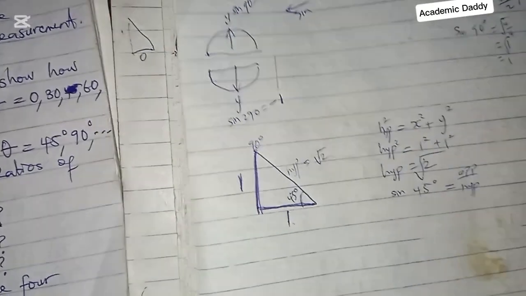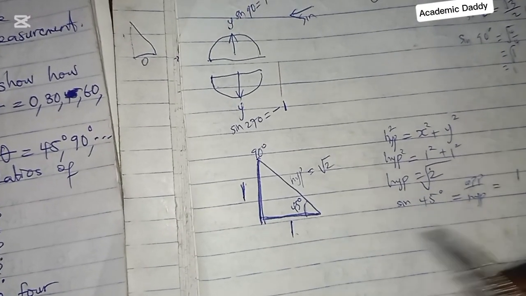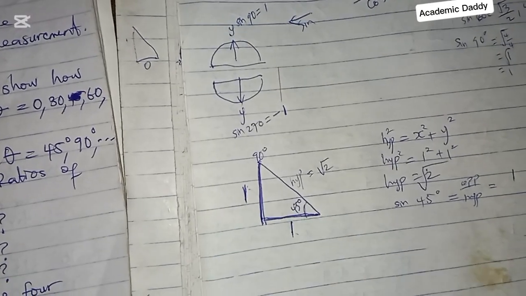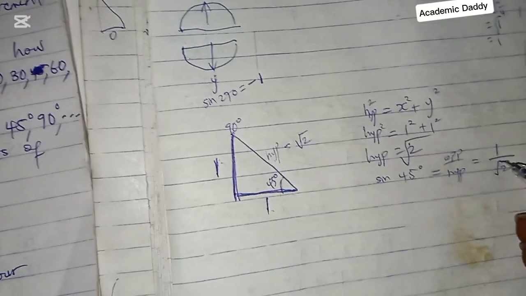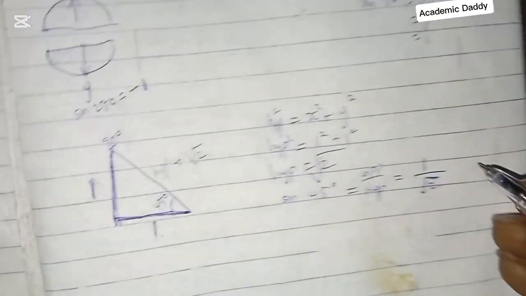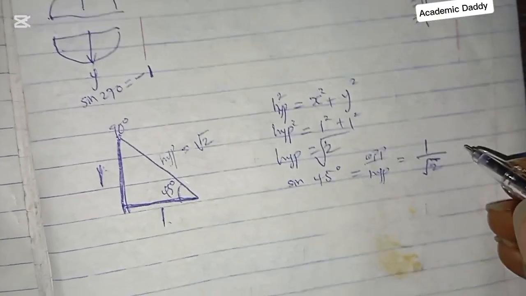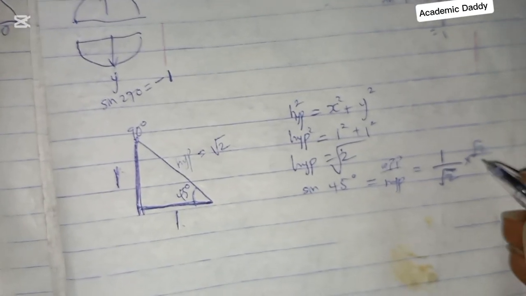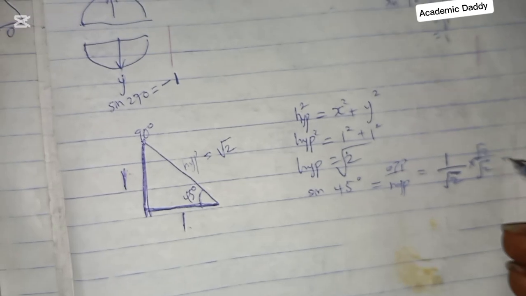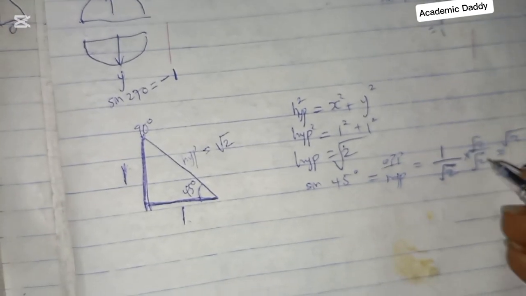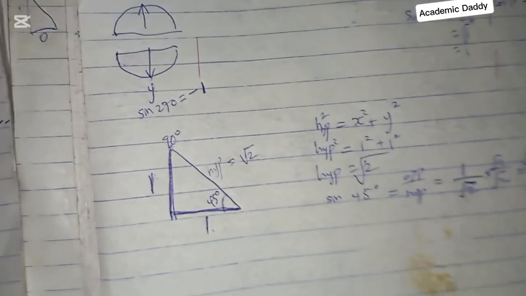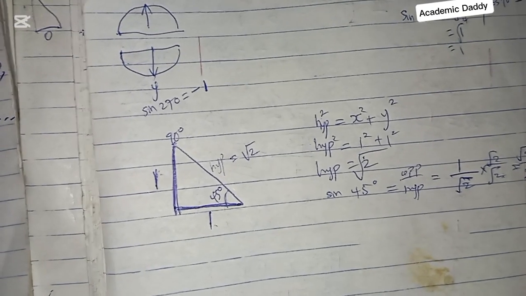So opposite is 1 all over hypotenuse, which is root 2. But you know that root does not stay at the denominator. It is an abomination for a surd to be at the denominator. So I do times root 2 over root 2. Root times root is root 4, and root 4 is 2, all over 2. So sine 45 is root 2 over 2.